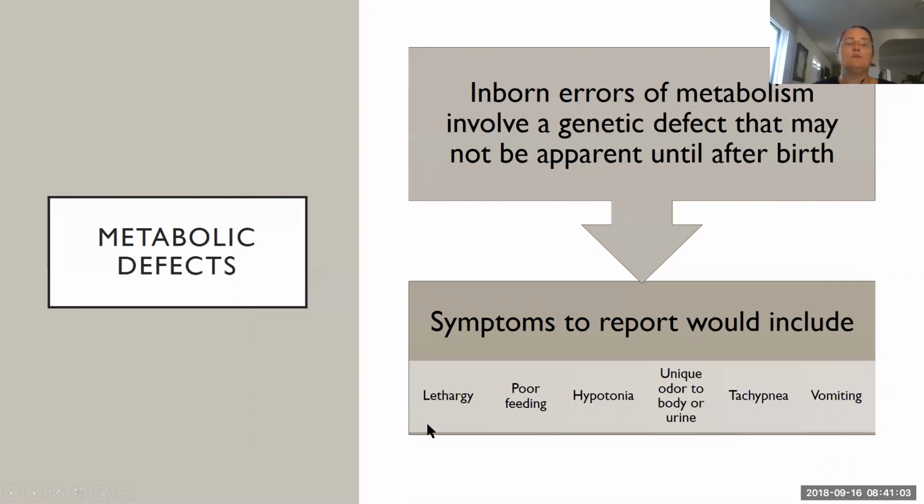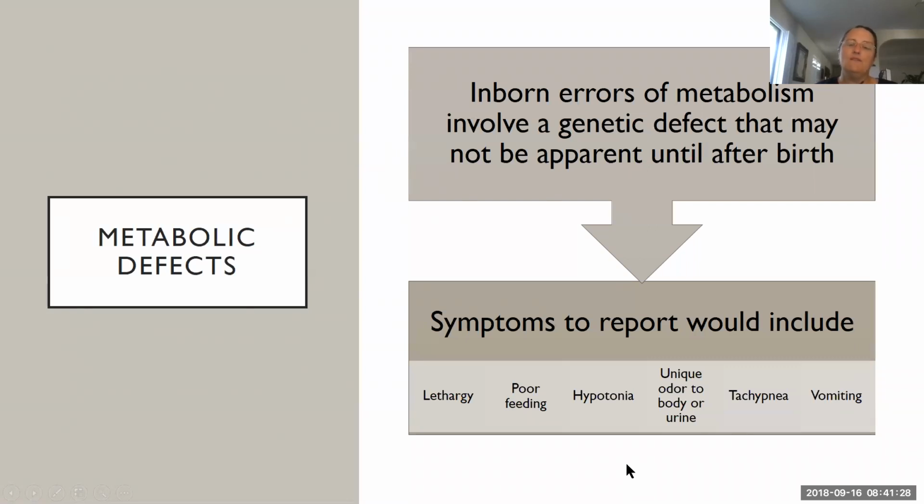But some of our symptoms for some of these metabolic defects are lethargy, poor feeding, poor tone, tachypnea, vomiting. Sometimes maple syrup urine disease is what this one is referring to. But these babies have some sort of metabolism error, and we can fix it typically with diet and/or medication if we catch it early enough.